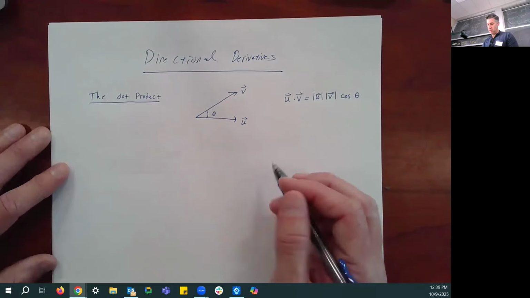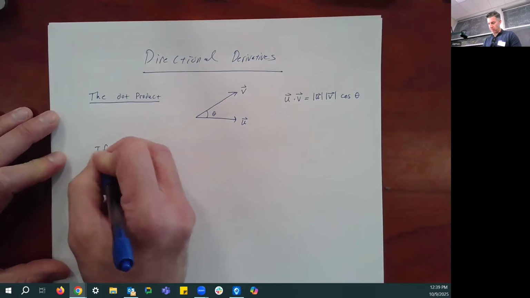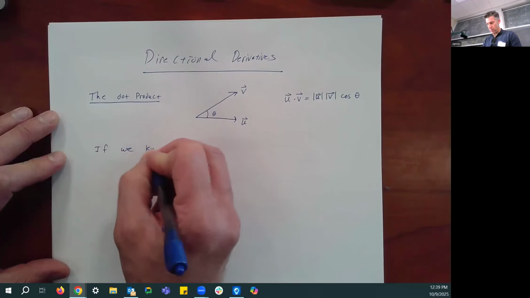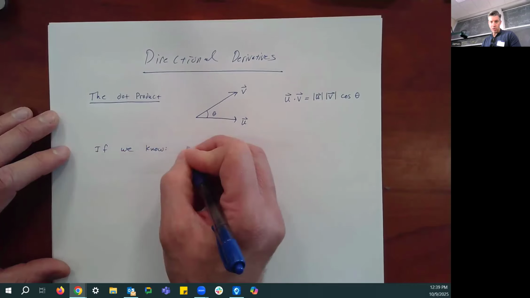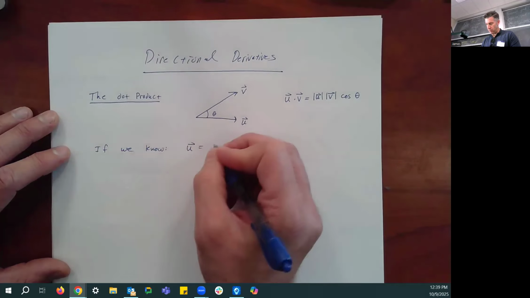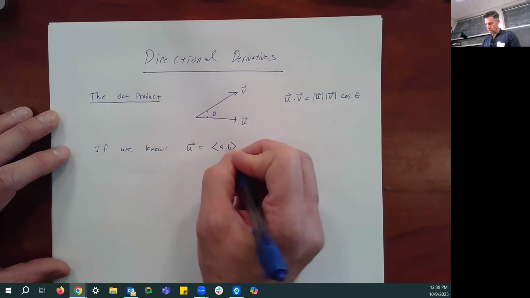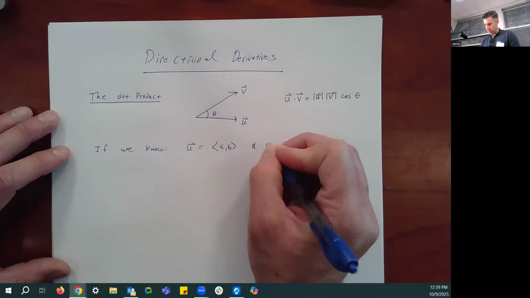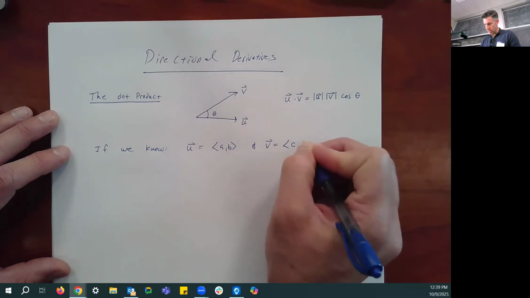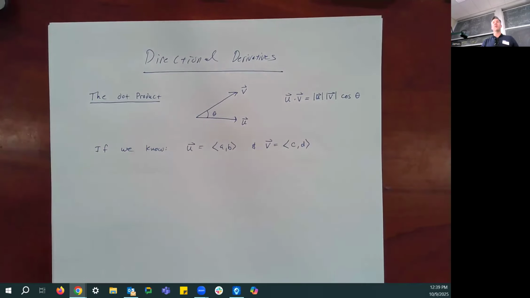On the other hand, if we have the components of the vectors, for example, u is equal to the vector a comma b and v is equal to the vector c comma d. You could have two components or three components or more actually, but in this class, usually our vectors are things you could think about being represented in physical space. So usually your vectors are either in 2 dimensions or in 3 dimensions.